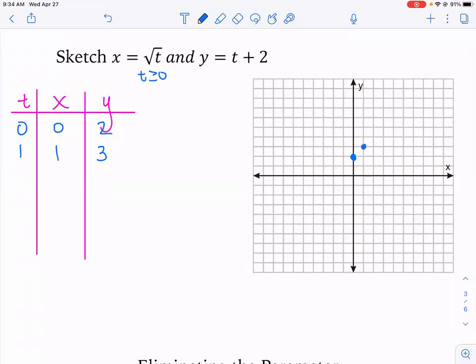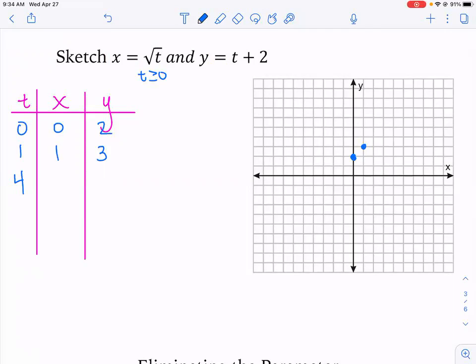Now, Grayson, can we plug in 2? Yes. Do we want to plot square root of 2 comma 4? That doesn't really sound like we could do that very accurately. So we could plug in 2, we could plug in 3, but wouldn't it be a lot easier if we plugged in 4 next? Just because we have that radical t.